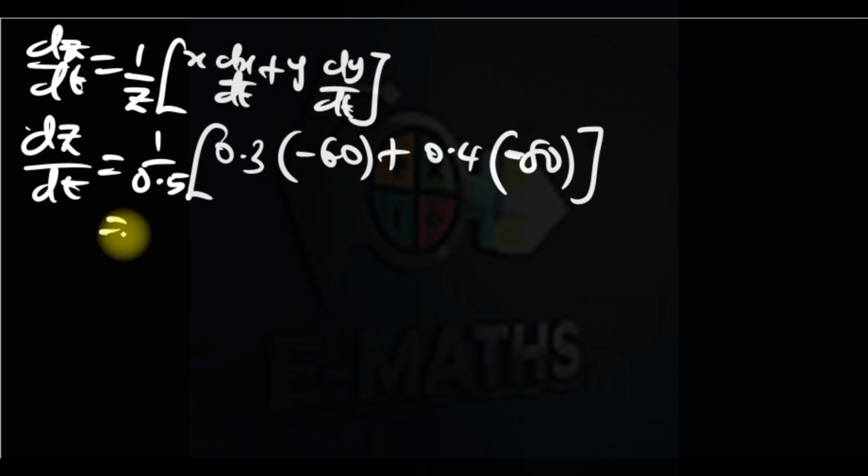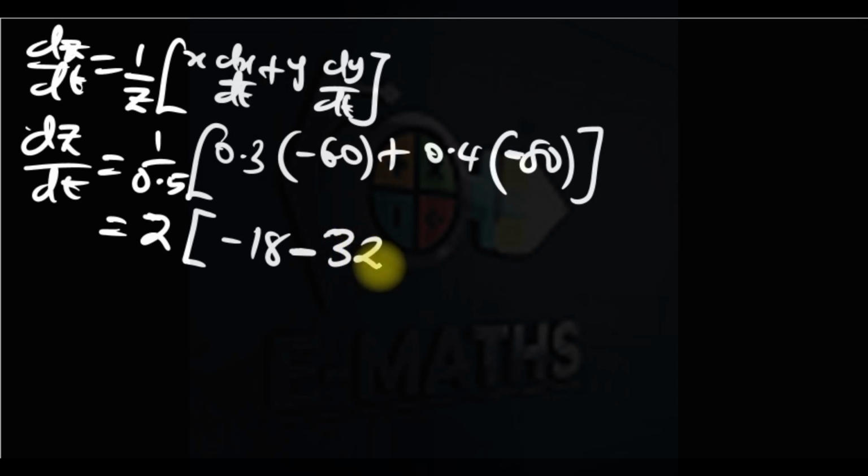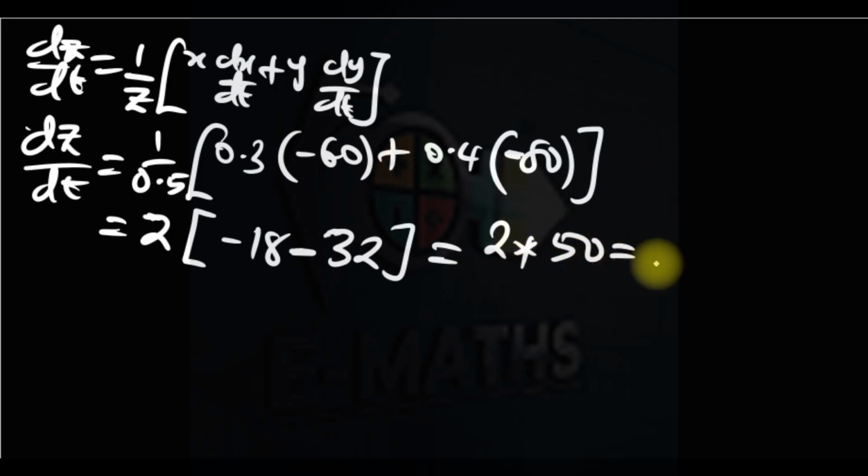So let's simplify. 1 over 0.5 is 2. And this is minus 18, minus 32, which is 2 times minus 50. That's minus 100.